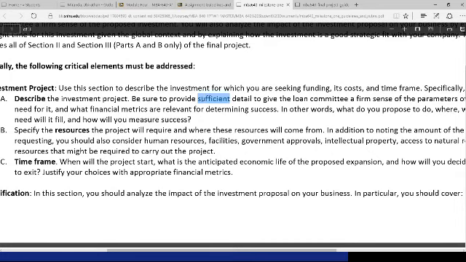You're going to describe: I'm going to go with Alteryx, and this is why. I've chosen this company, and this is why I am doing this particular investment project. Again, give sufficient detail.